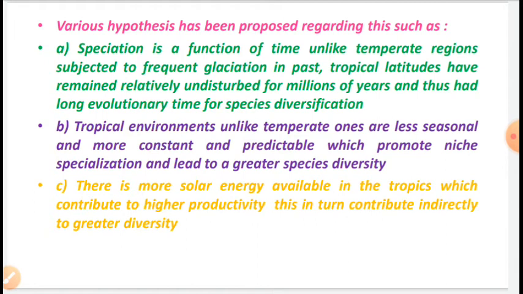Now you can think, what is special in the tropics when we compare this greater biological diversity to other areas? Ecologists, biologists and scientists working on this topic, ecologists and evolutionary biologists, have proposed various hypotheses, and some are important for us to study when we study patterns of biodiversity.